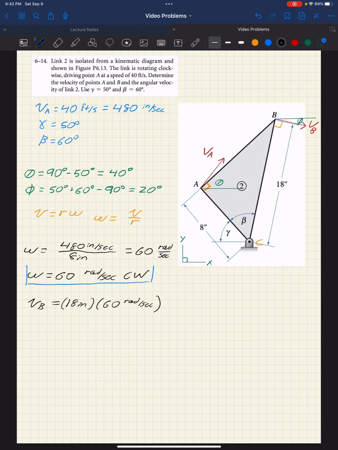It's just cleaner, it's just more of a standard measure of velocity. So we'll multiply this by 1 foot over 12 inches. And this gives us VB equal to 90 feet per second.